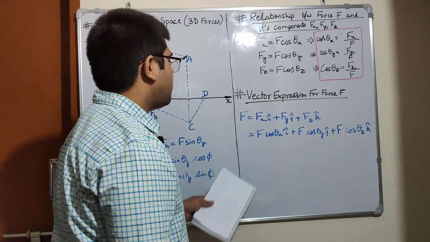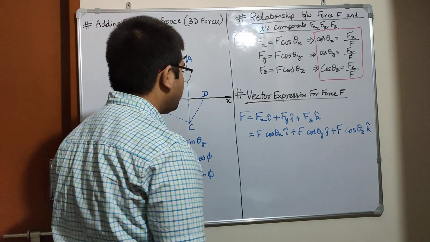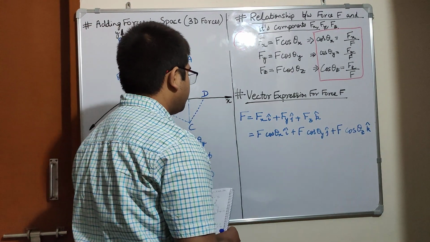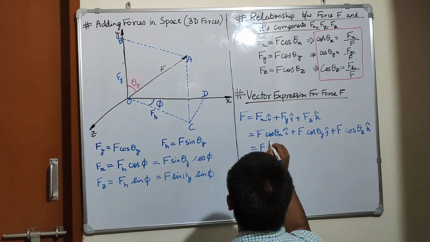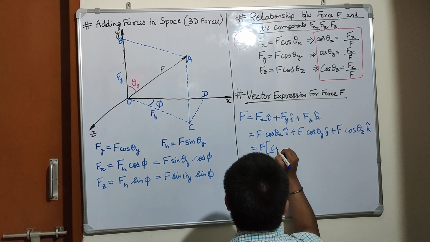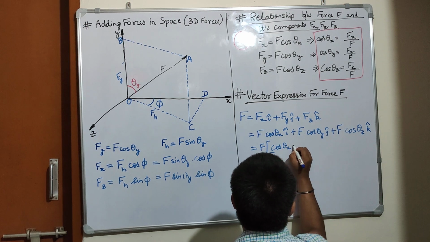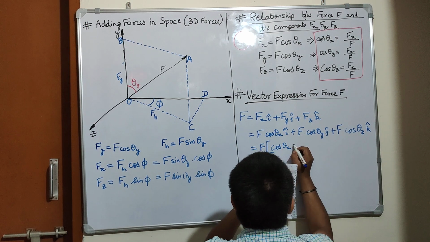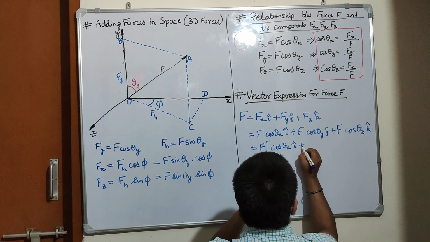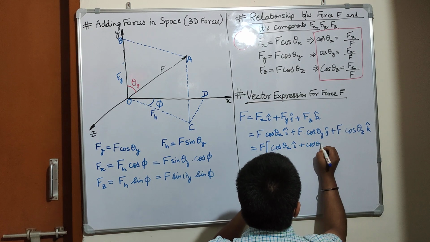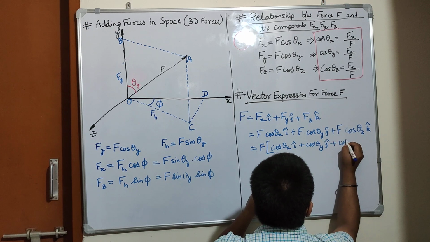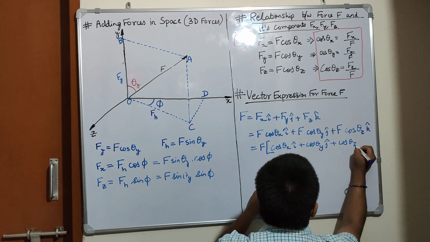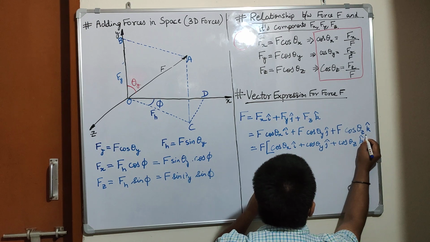Now if we take F out, it will look like this: F times the bracket of cos theta x i cap plus cos theta y j cap plus cos theta z k cap.